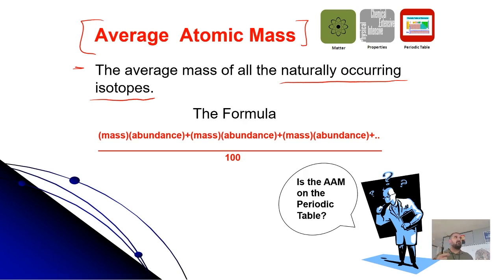It'll have more neutrons than lithium-7, which is the most common isotope of lithium. But in that scenario, do we take the mass of that lithium and include it in the average atomic mass? Yes or no? Why not? Is that a naturally occurring isotope of lithium? No, it's not. So only naturally occurring isotopes are included; artificial isotopes are not.